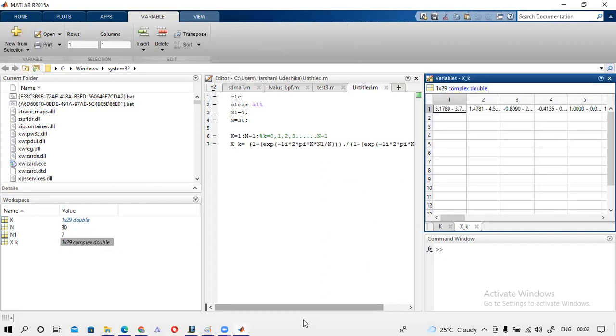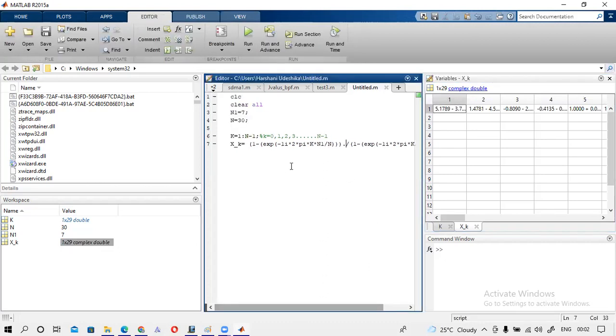Because you can see that this is an array, and this one also should be an array. So the xk is calculated corresponding to this k value.